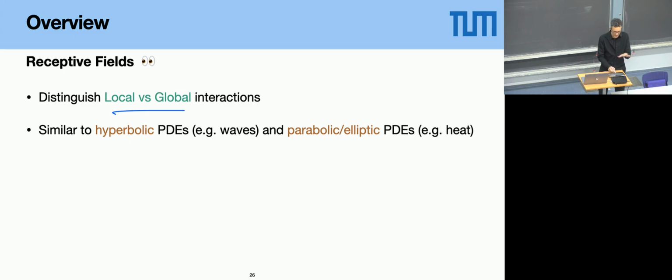Waves locally traveling in a certain region, and other effects like heat spreading in the long run is something that's potentially global, right? If I make one corner here very hot and wait long enough, then a lot of the heat will actually have spread all over the room, even though it's probably lower at the other end, but this is a potentially very long range or a global effect. That's a classic distinction between hyperbolic and parabolic and elliptic PDEs on the other side.